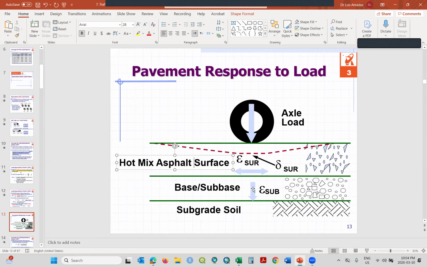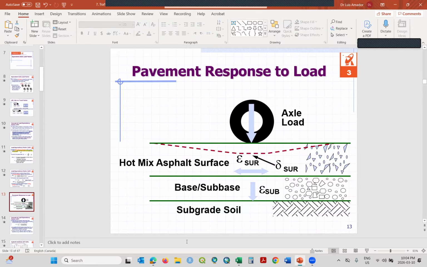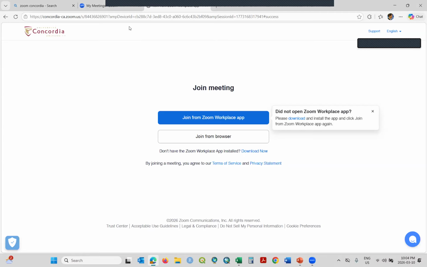The cracking is happening because of this strain that is transferring the load from the surface into the granular base and subbase.